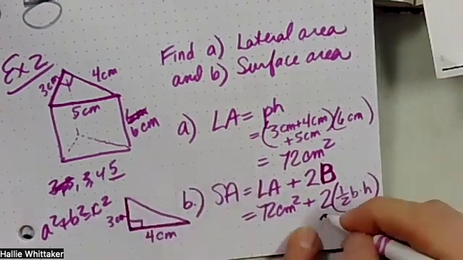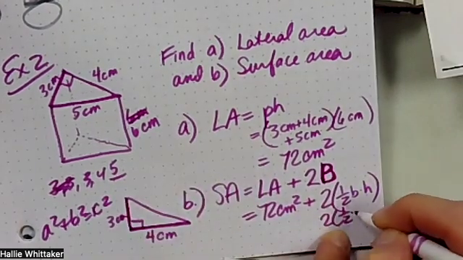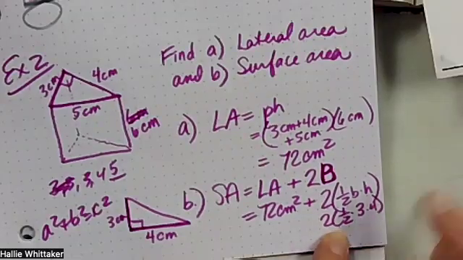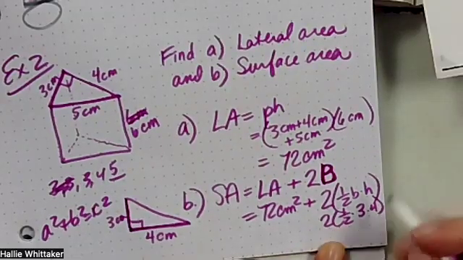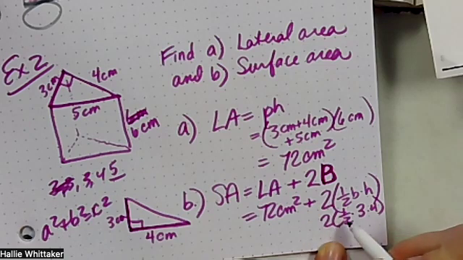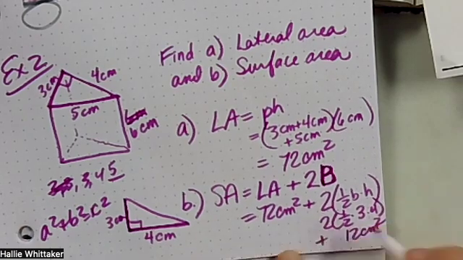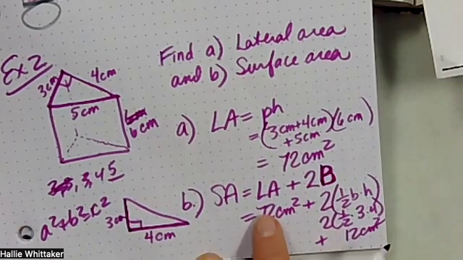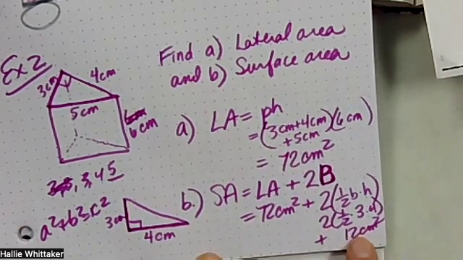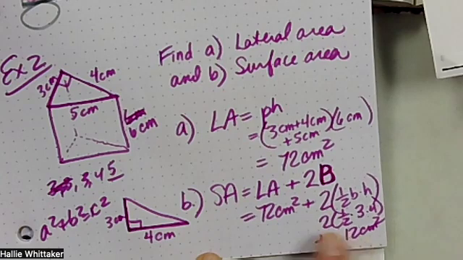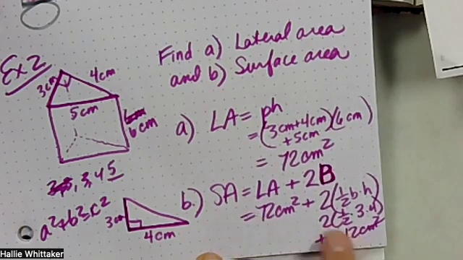So it's just going to be 2 times 1/2, 3 times 4. Okay. So what's 1/2 times 2? 1, and 1 times 3 times 4 is 12. Good job. So y'all, what is 72, your lateral area, plus the 2 bases area? Add them together, what do you get?